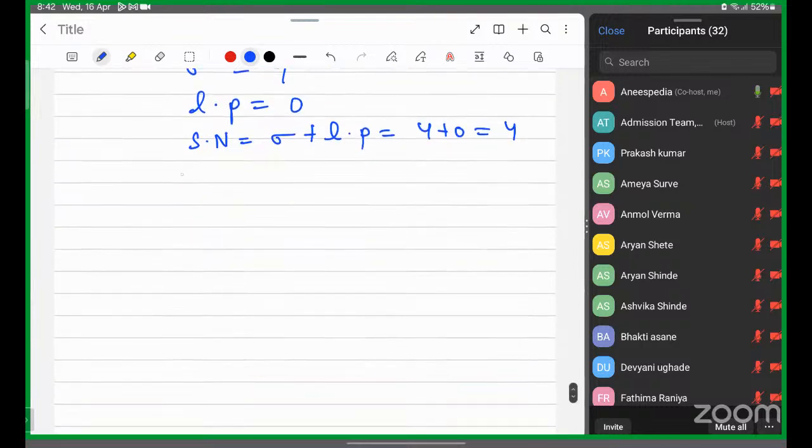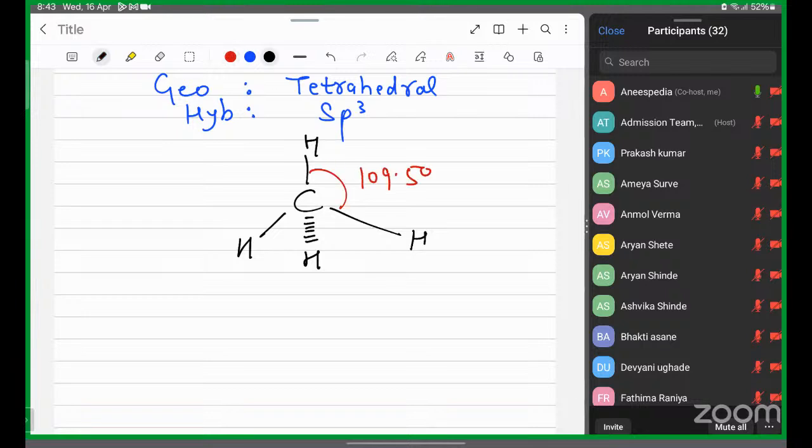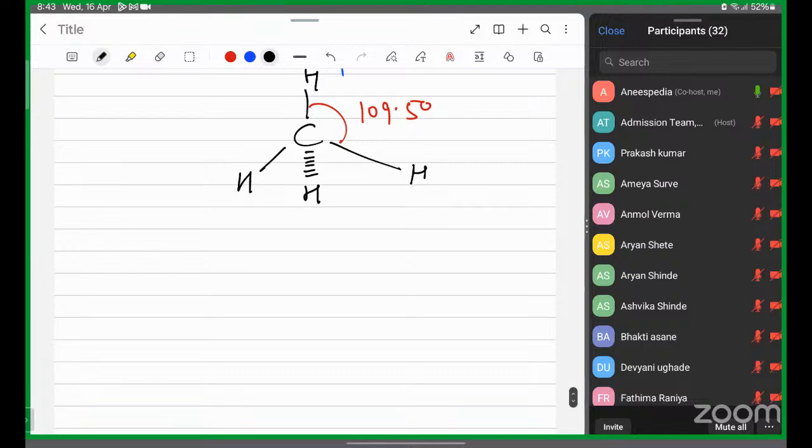If steric number is 4, what will be hybridization? sp3. Geometry is tetrahedral. Hybridization is sp3, right? So if you represent it correctly, it will be like this: carbon, bond H, bond H, bond H, and bond H. And this angle will be 109.5. Understood or any doubt?